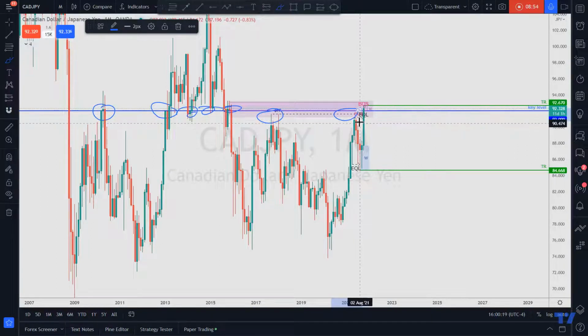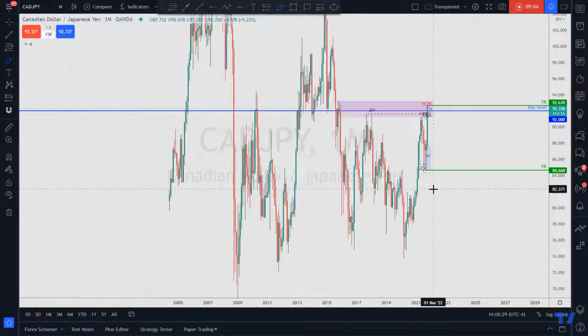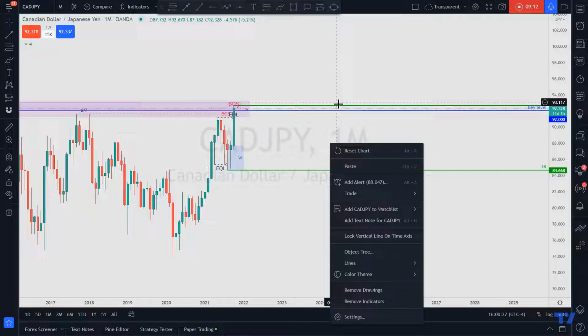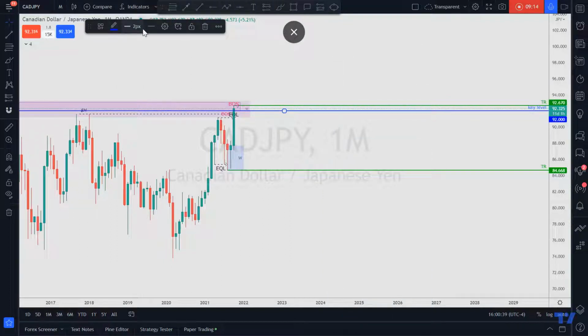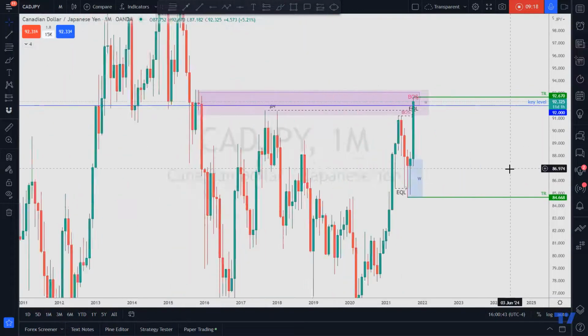We got in the zone to test it as resistance, but right now, here we are. So that's why I made note of it. This is an area where maybe one can reasonably expect the potential for a reversal just based on support and resistance. All right. And I'm only using it as a secondary confluence.